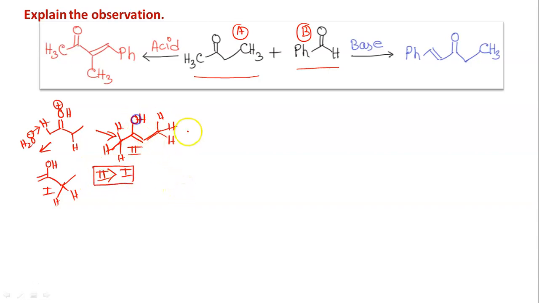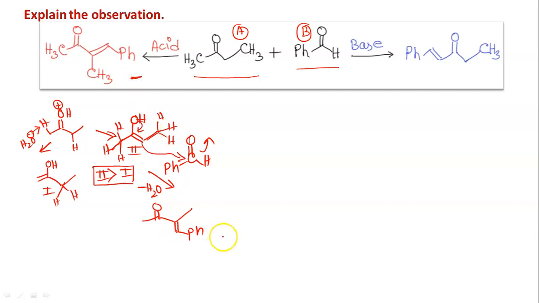Now the next step is a very known step. So basically the final compound, if I write it after removal of water, will be like this. So this is basically this product.